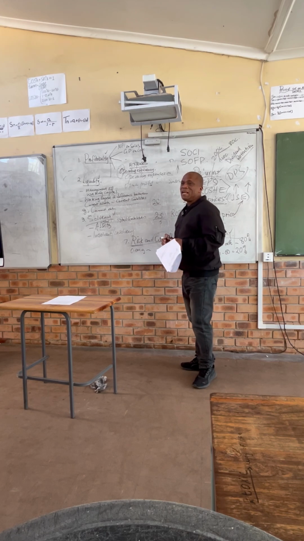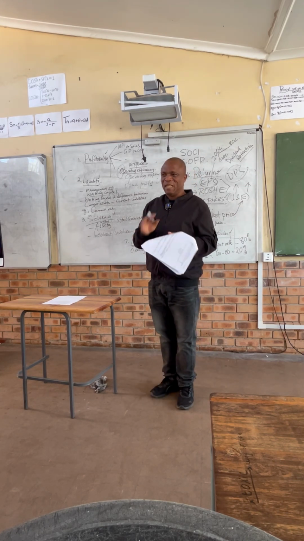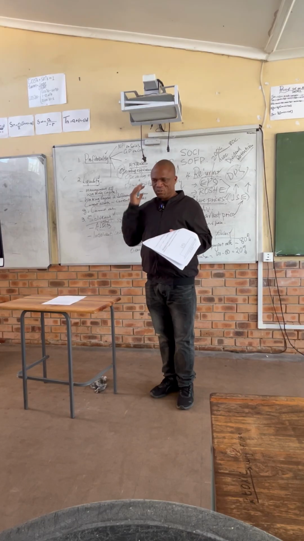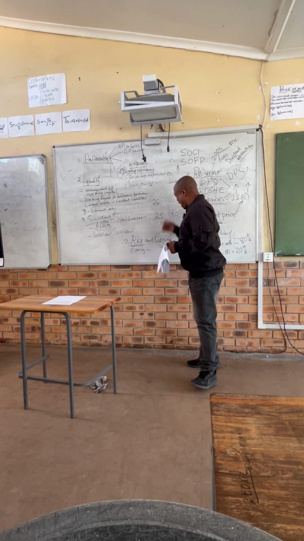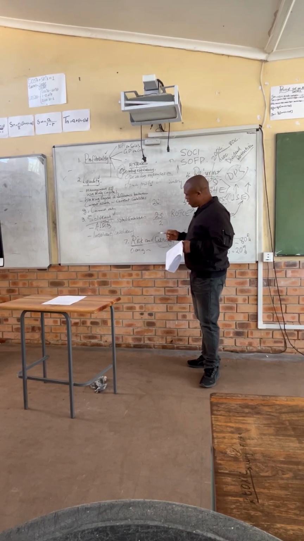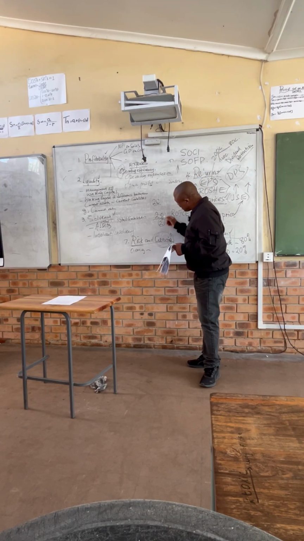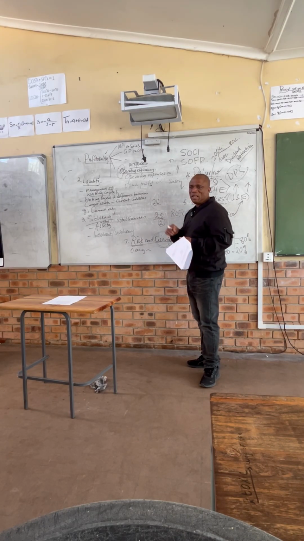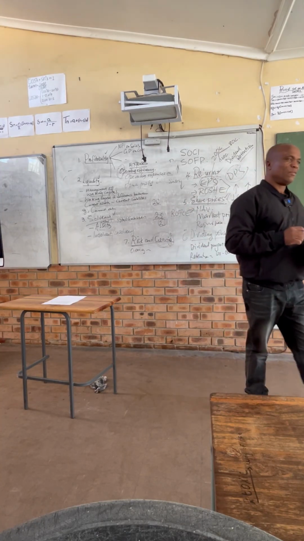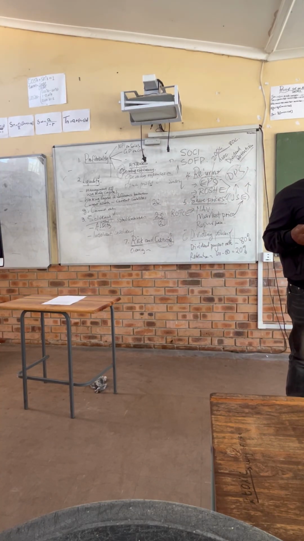So which means the loan is assisting you, is helping you. You are making profit from the loan. So we say your company is positively geared because you are gaining something from the loan. You are using the loan effectively. The loan is working for you.